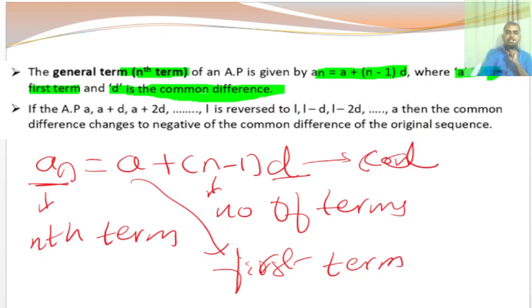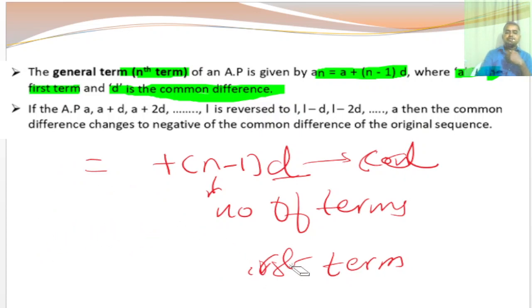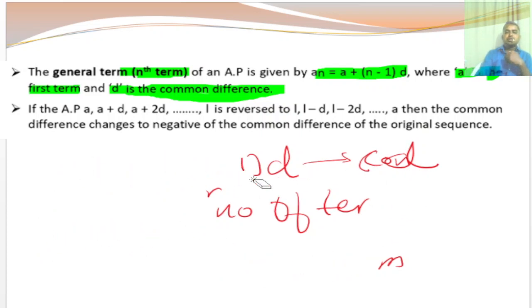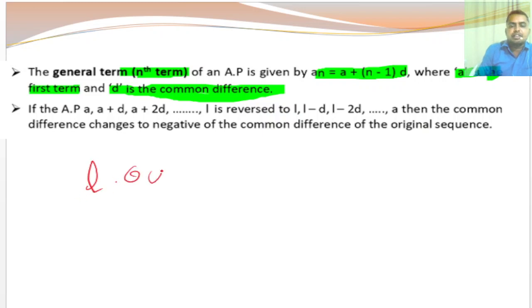Similarly, in the same manner, if they ask for the nth term of the AP from the last, that is, in reverse order, at that time we use a different formula. The last term will become the first term, that is, L is the last term, or an is the last term of the AP.